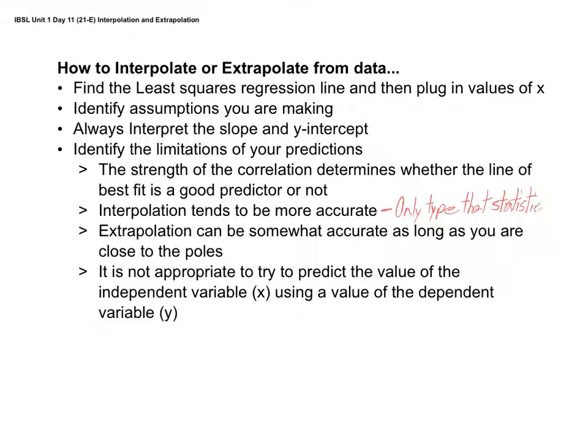Now, does it mean that doing other things can't be useful in some circumstances? Yeah, but we're not going to base anything really that important on that, because statistically, we can't be real confident in those numbers, all right? So this is the only type that's statistically appropriate.